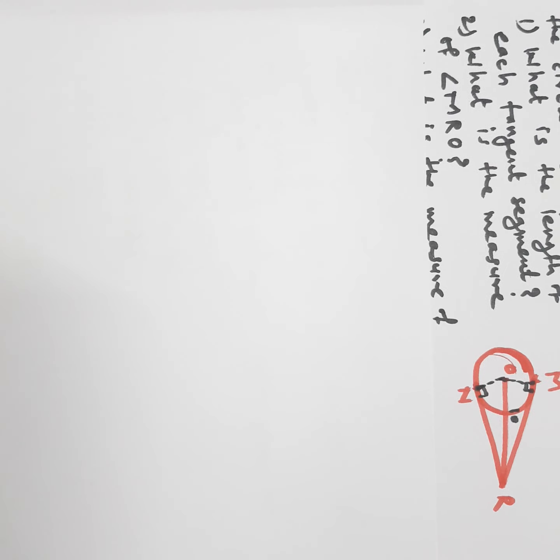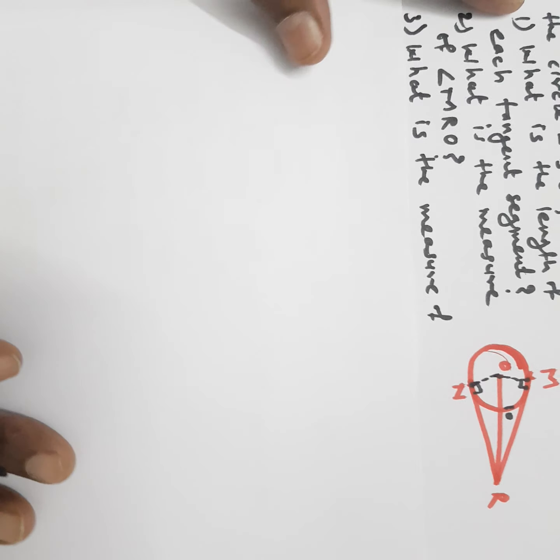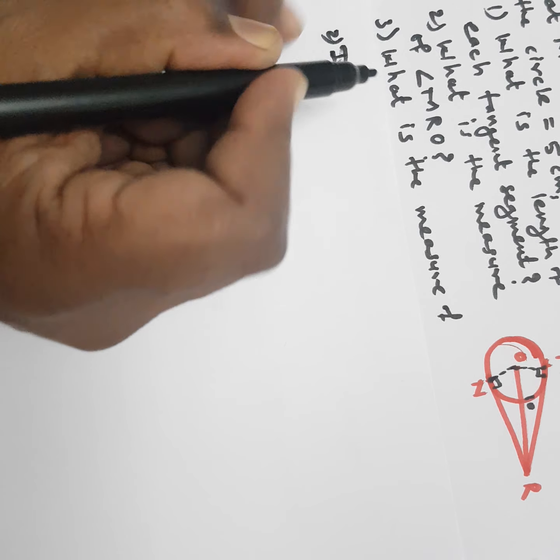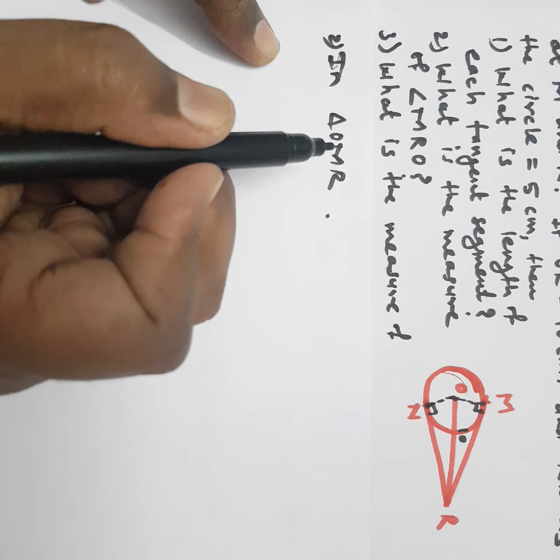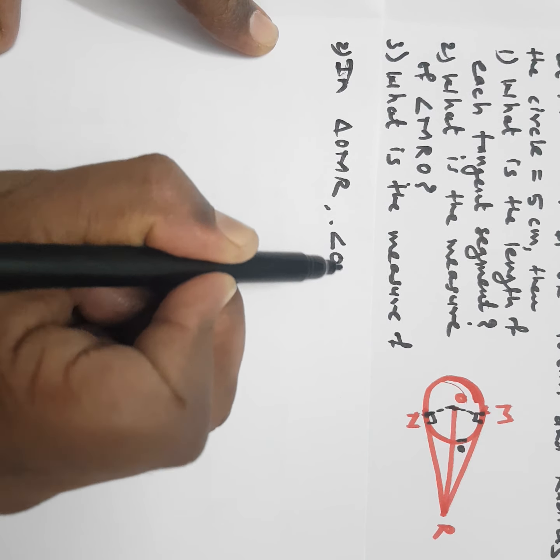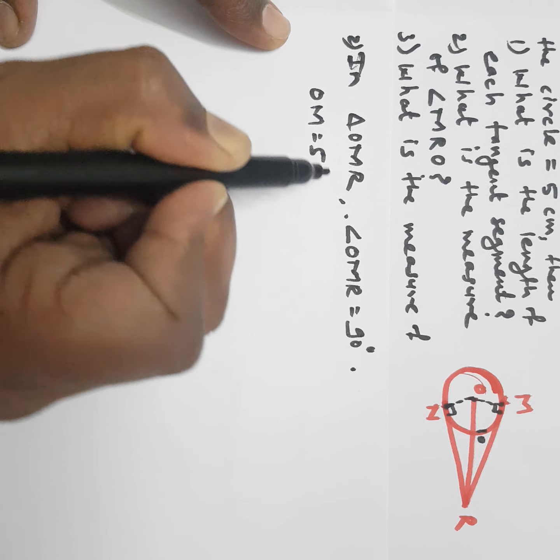Here we can write, in triangle OMR, angle OMR is equal to 90 degree. OM is equal to 5 centimeter.